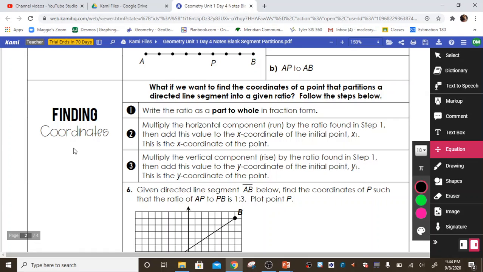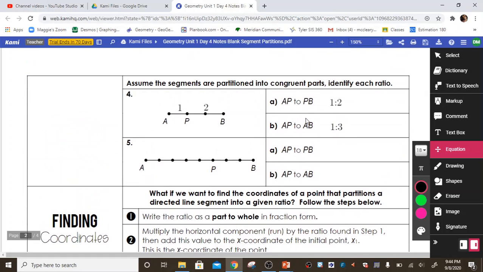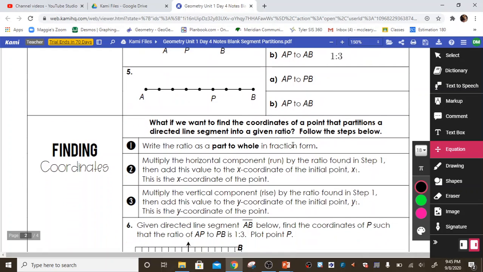So the first thing is, step 1, we need to write the ratio as part to whole. So it has to be part to whole. This will not work otherwise, and instead of the colons that I wrote it with up here, we're going to write it as a fraction because we're going to be multiplying. So part to whole in fraction form.